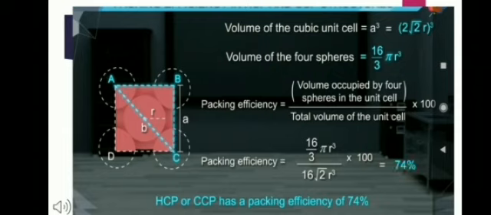Now the packing efficiency of the face-centered cube is 74%. Thus in FCC, CCP or HCP crystal lattice, 74% of the total volume is occupied by the particles and 26% is void volume or empty space.